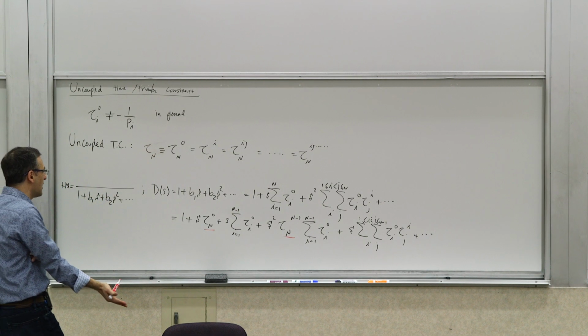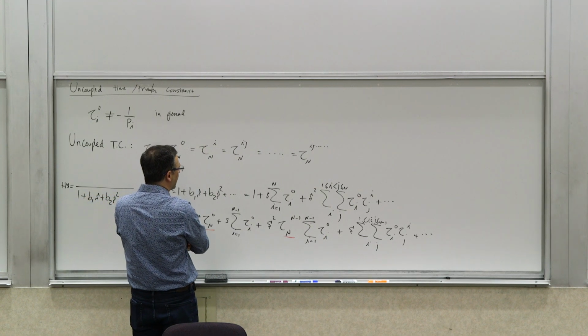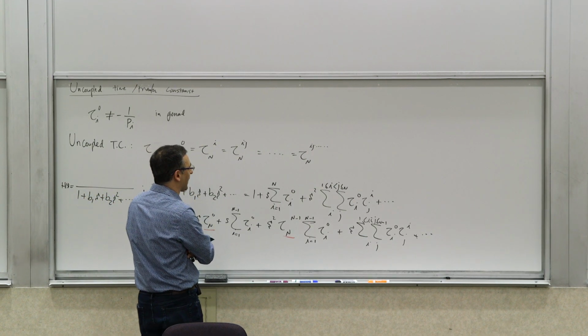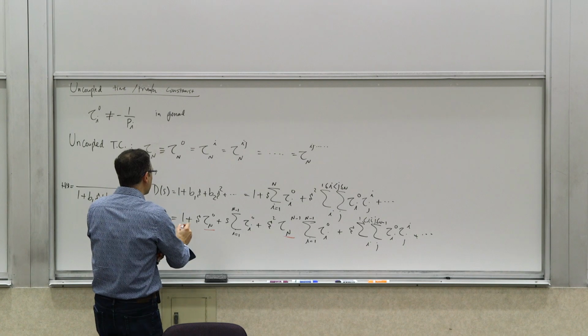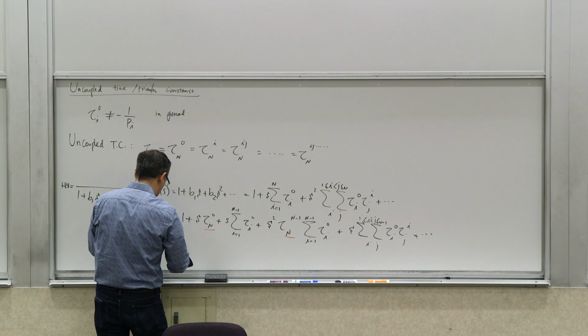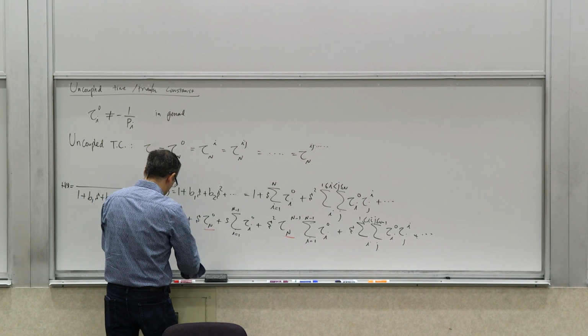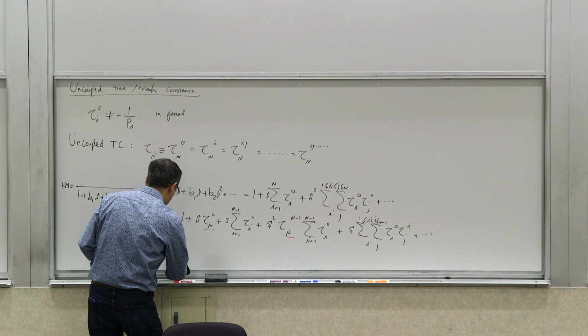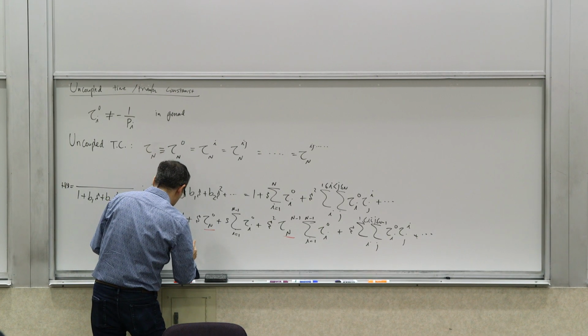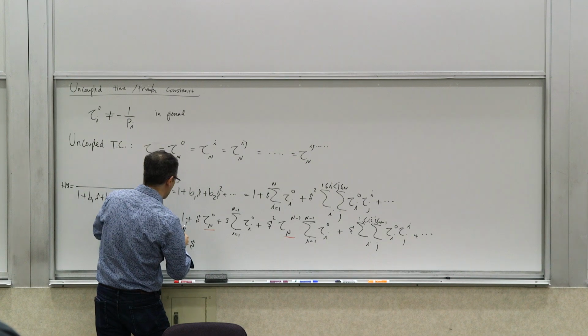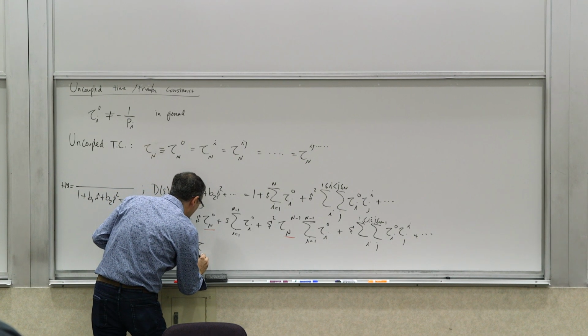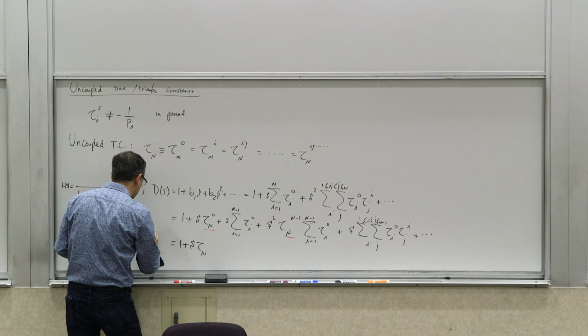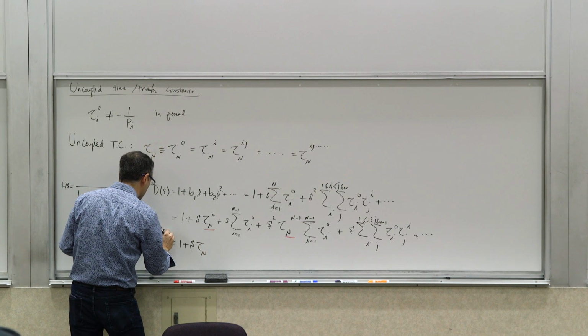So if these are the same, now you can do a regrouping. You can take these two together and write it in general as that. So we can write it as 1 plus s, and now I'm going to write it as just tau n, because this is the assumption of being uncoupled. That's where it enters the equation.